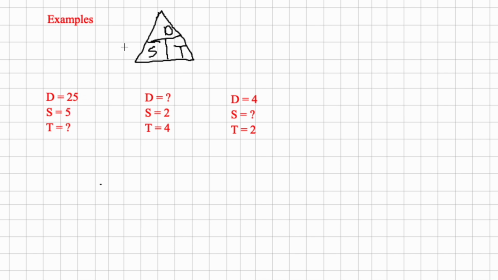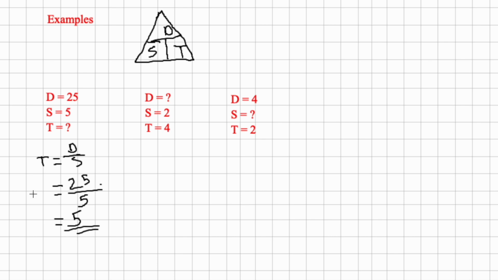If we look at the diagram, in order to find time, we need to divide distance by the speed. So t equals d over s, and in this case it would be 25 over 5, and 25 divided by 5 is going to be 5.